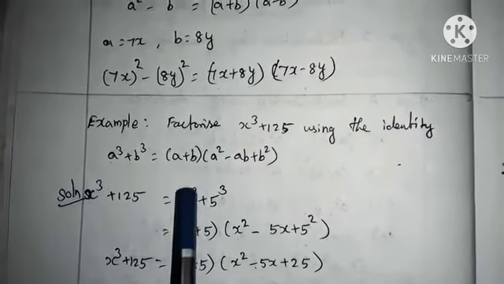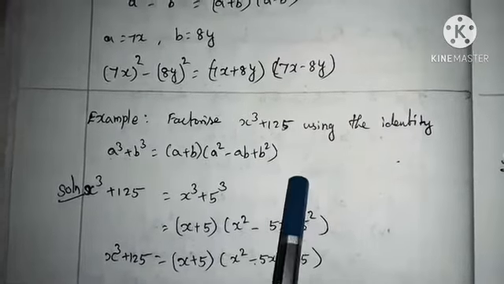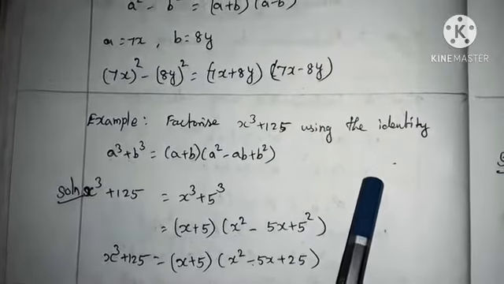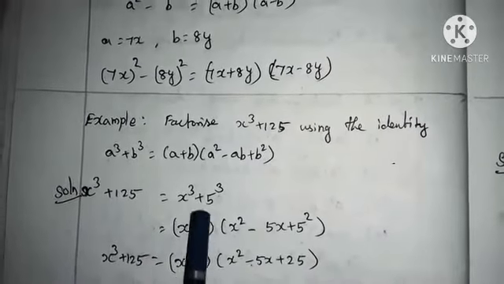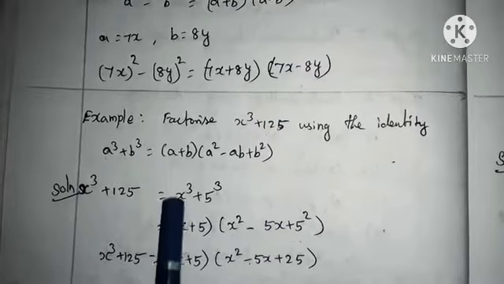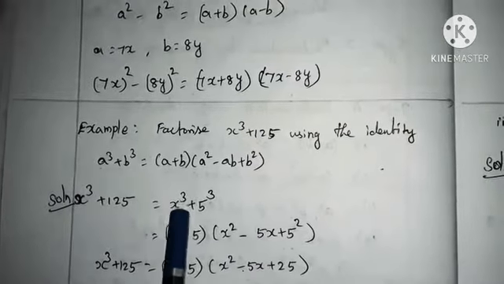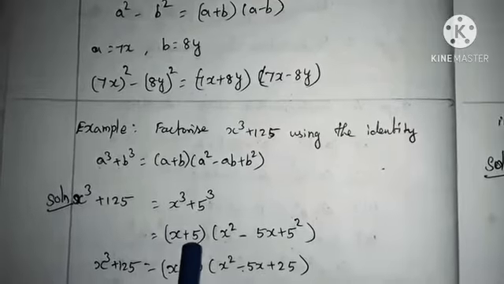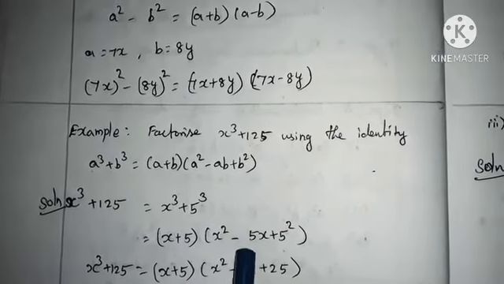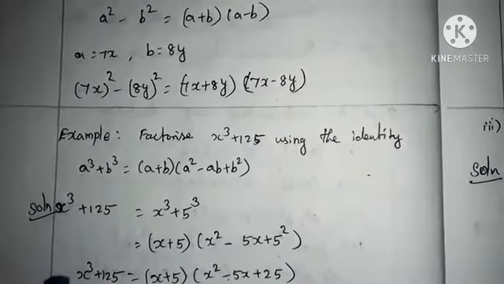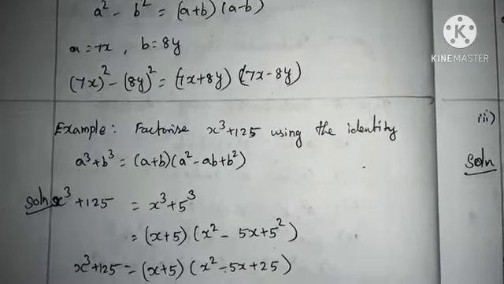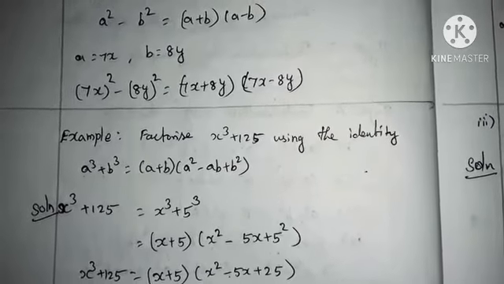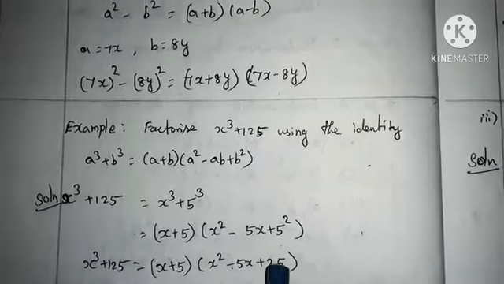We get x cube plus 5 cube, that is 5 into 5 into 5 is equal to 125. Substitute in this identity, we get a cube plus b cube, that is x cube plus 5 cube is equal to x plus 5 into x square minus 5x plus 25. That is, x cube plus 125 is equal to x plus 5 into x square minus 5x plus 25.